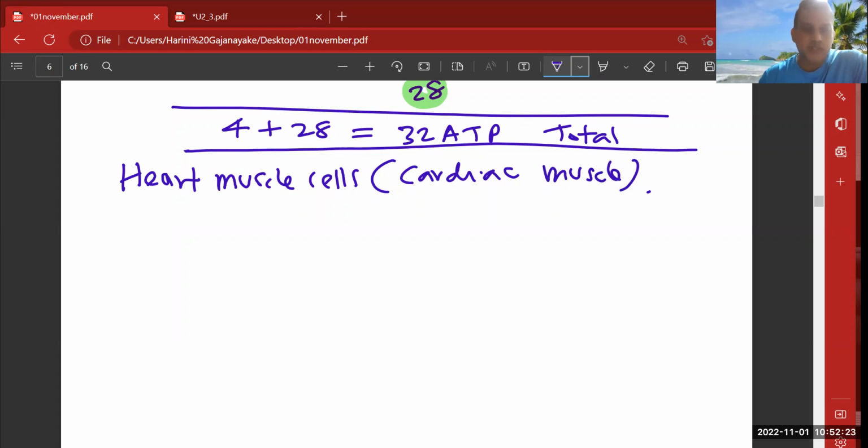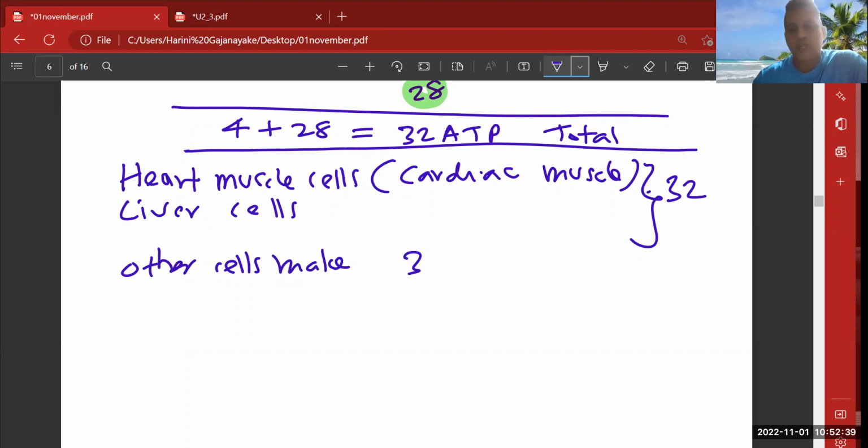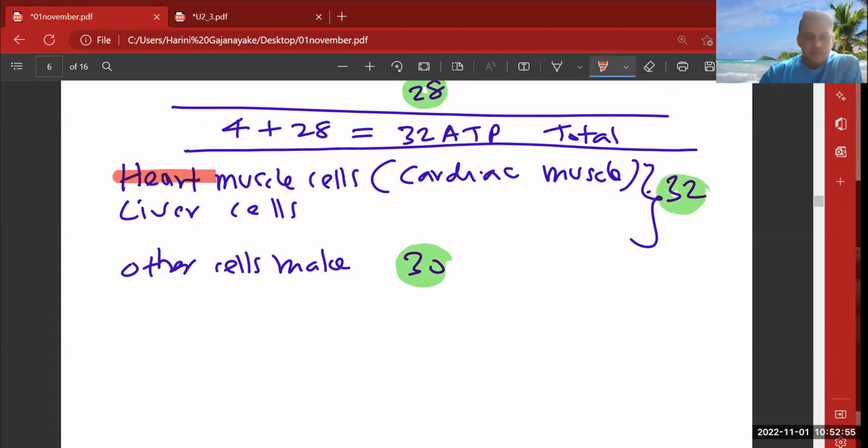And the cells of the liver. So they can make 32. Other cells make 30. So theoretically, it is 30 ATP molecules produced by the cells except heart muscle cells and liver cells.